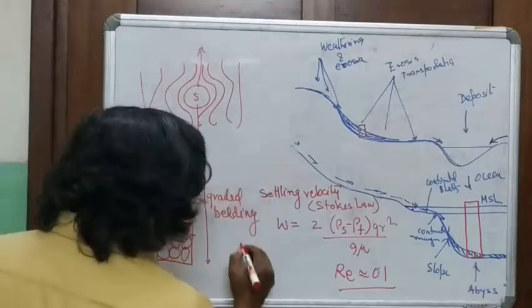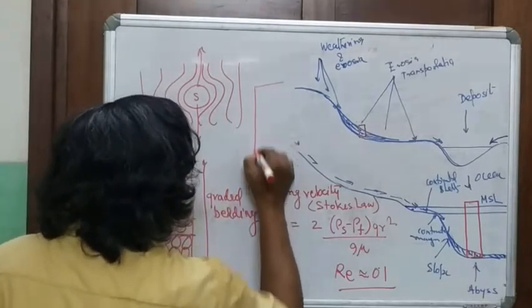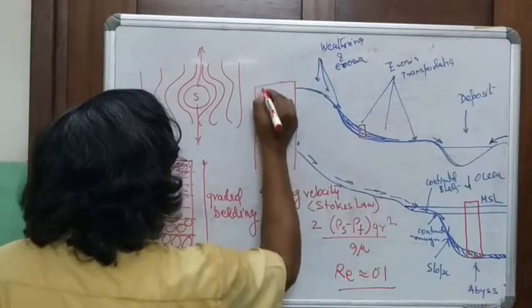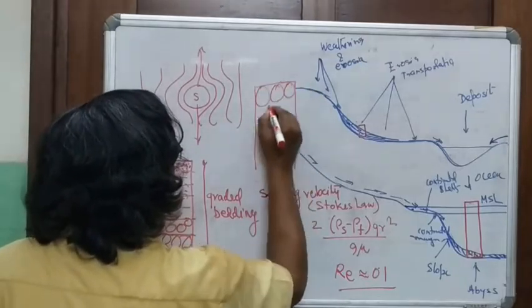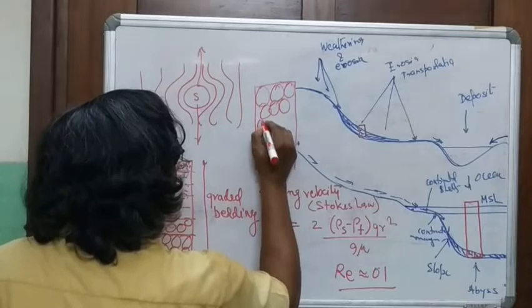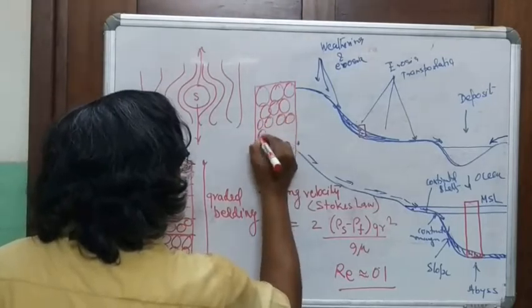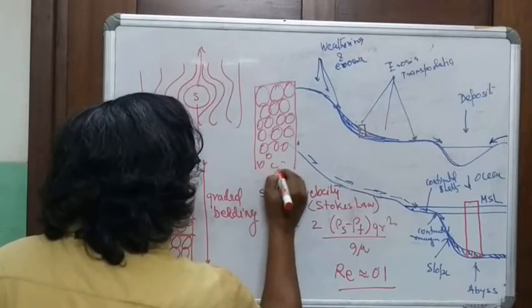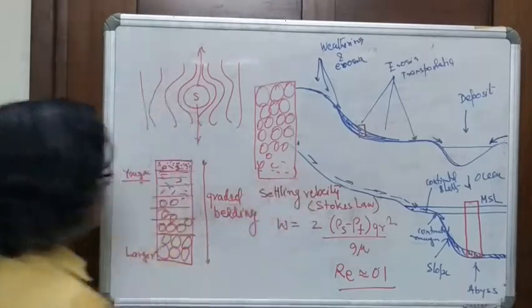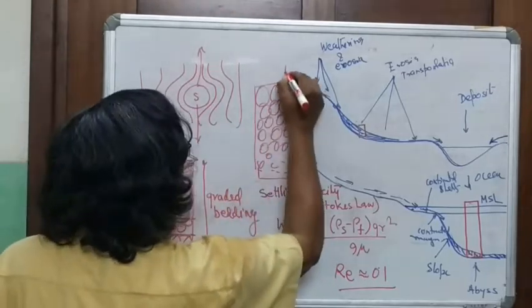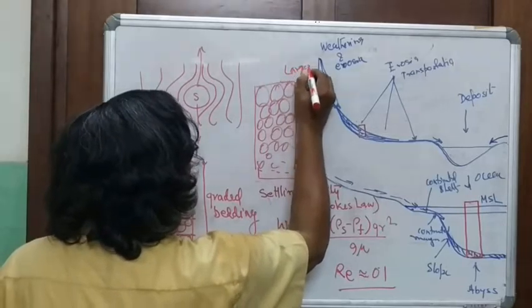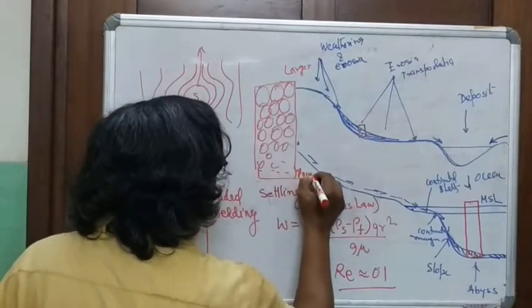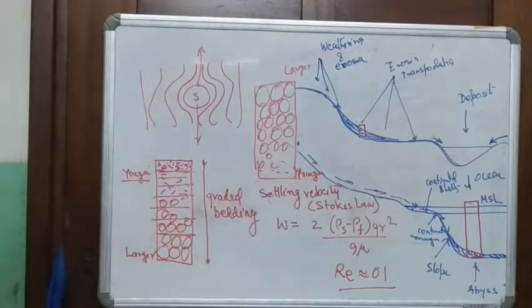If you then have a situation where it is reversed, say for example like this, larger particles at the top and smaller particles at the bottom, you can say that it would be impossible.